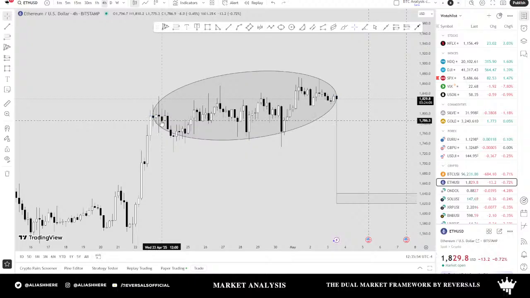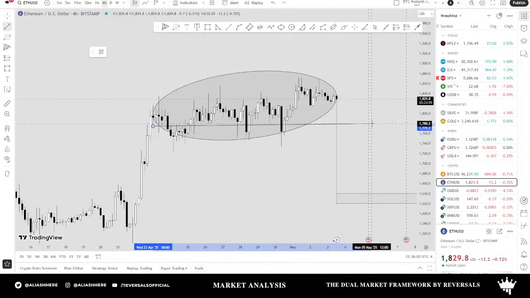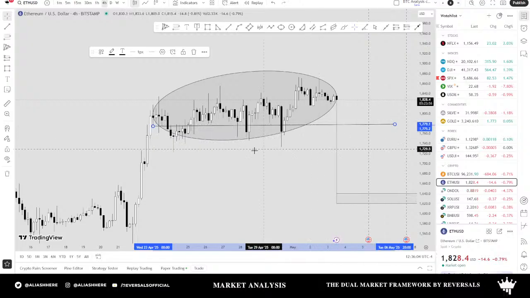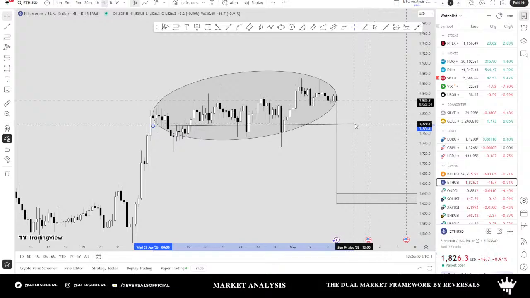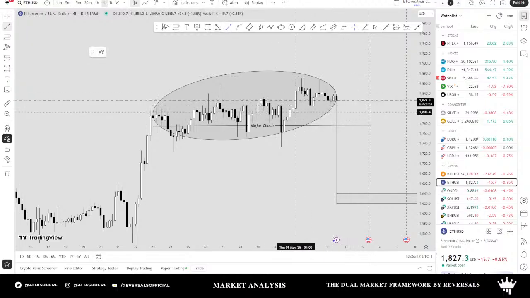What we need as a confirmation first, this will be our coach. This is the major coach that we need to hit, and then we have this break of structure.